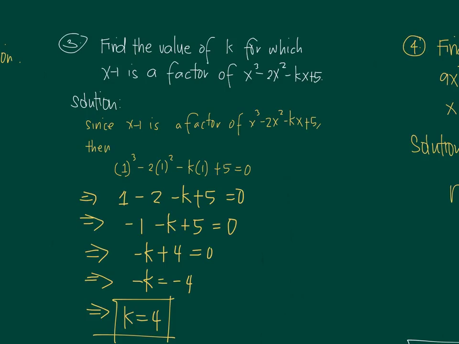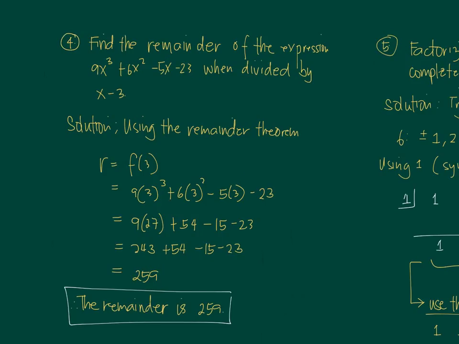Okay, so moving on, number 4: find the remainder of the expression 9x cubed plus 6x squared minus 5x minus 23 when divided by x minus 3. You just simply use the remainder theorem.